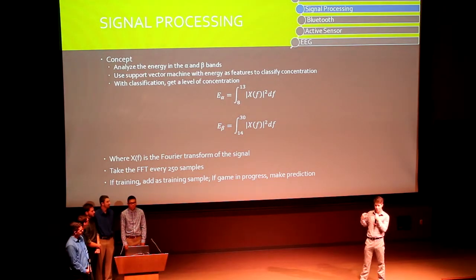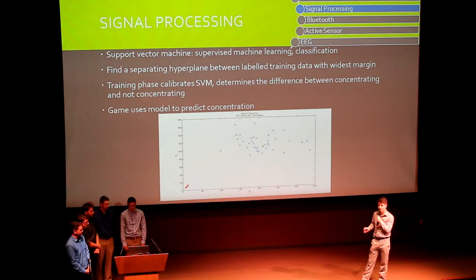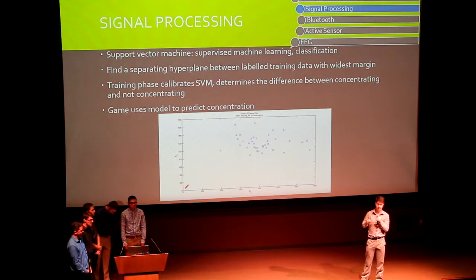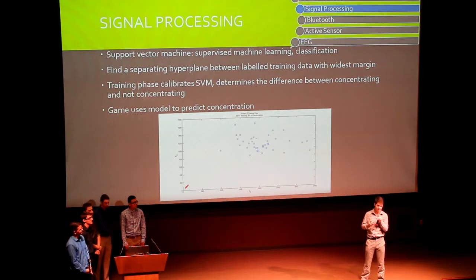Right? And so once we get these energies, we're using them as features in a supervised learning method, namely a support vector machine. The way a support vector machine works at a high level is that you get a training set of data which have a priori labels assigned to them. So we have some data where we say that the user is concentrating and some data where the user is relaxing.